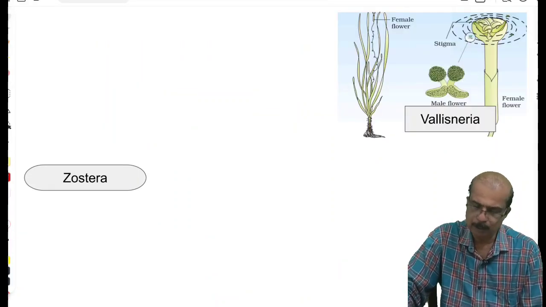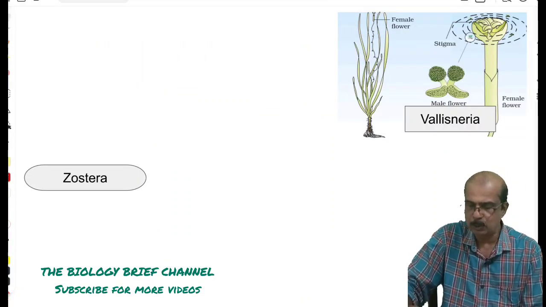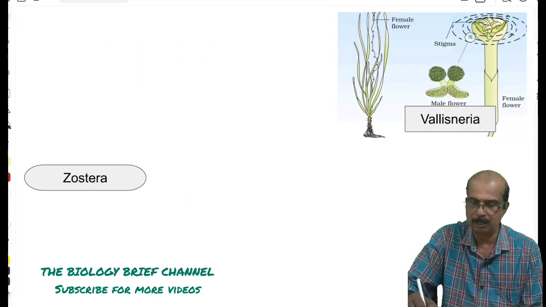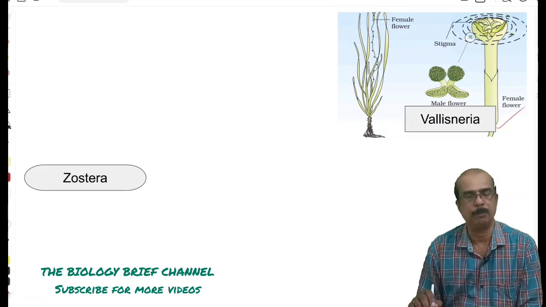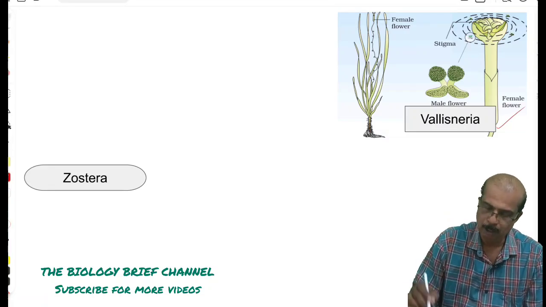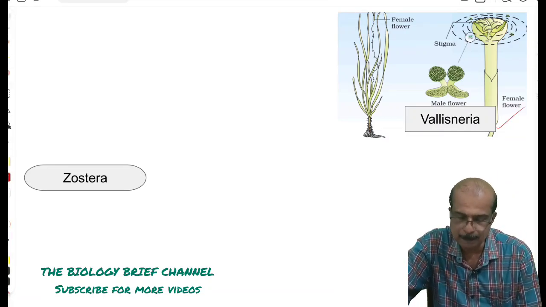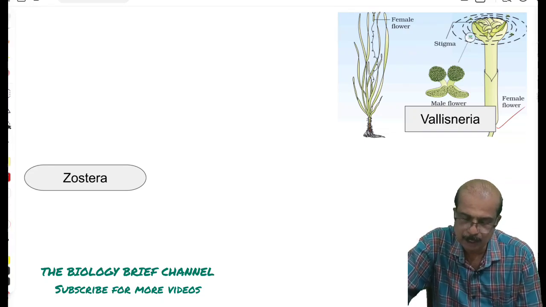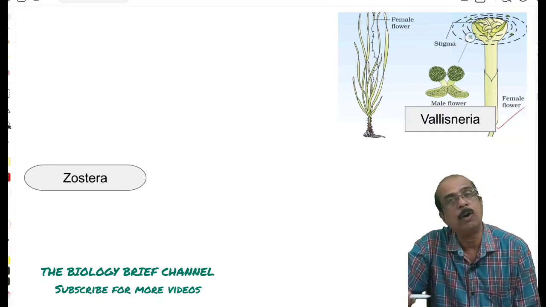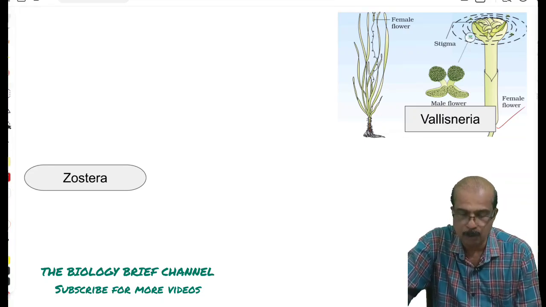Typical example for hydrophily, first one, Vallisneria. This is the diagram in your textbook of Vallisneria. You can see the female flower emerges on water level. This is the male flower.